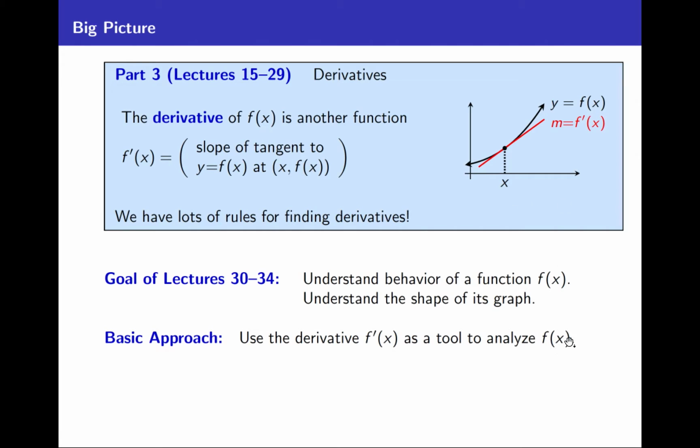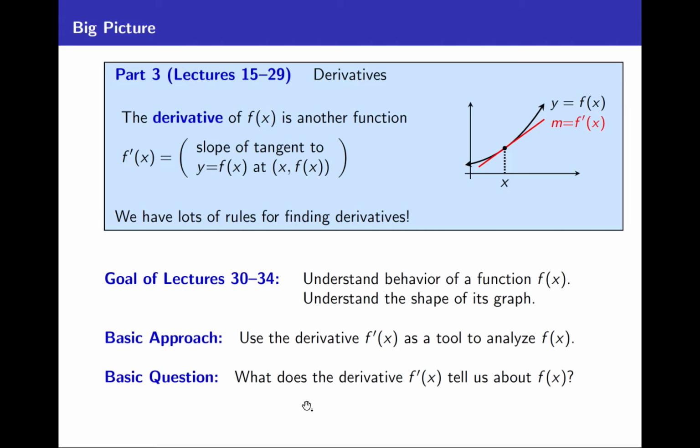In part 3, our primary object of study was f prime of x. That's what we were interested in finding. Beginning today, our primary object of study is going to be a function f of x. We'll compute its derivative and use it as a tool to answer questions about f of x. But once we've answered those questions, we'll tend to forget about the derivative. It's done its job.